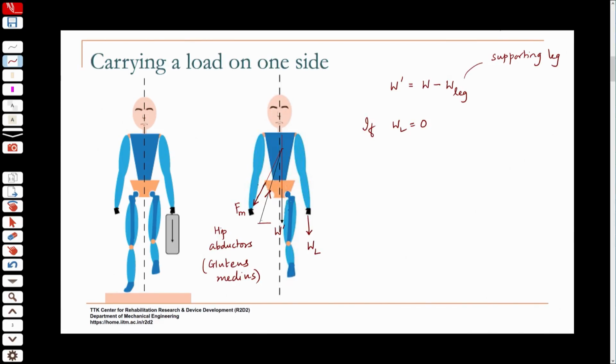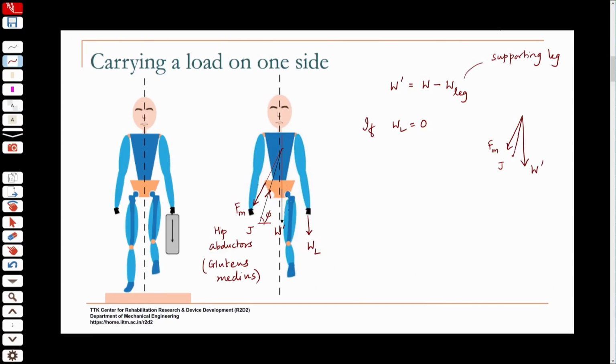So, if WL is 0, let us say the joint force makes some angle phi with the horizontal from this geometry. I have WL, I have Fm, and I know where J is the location.